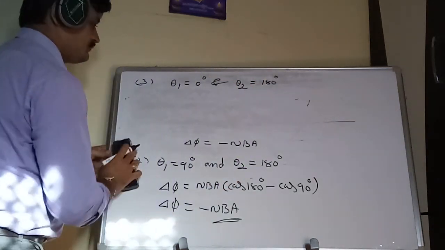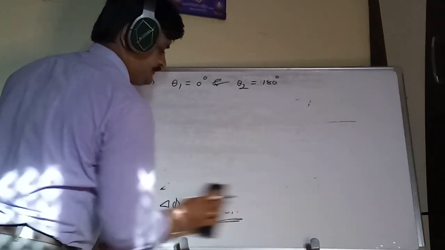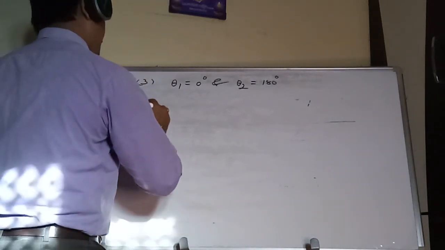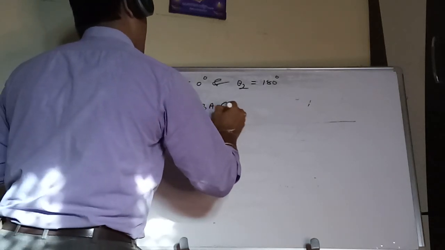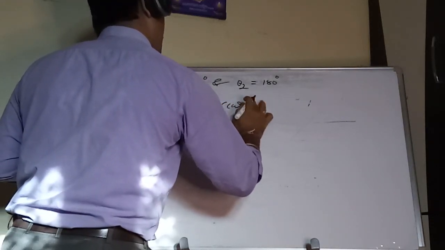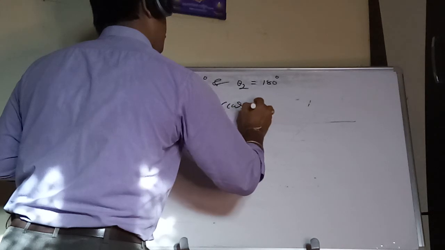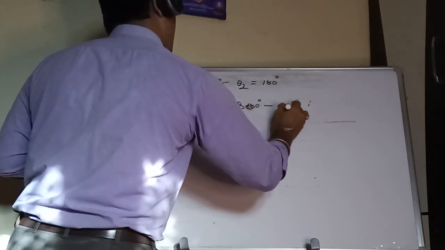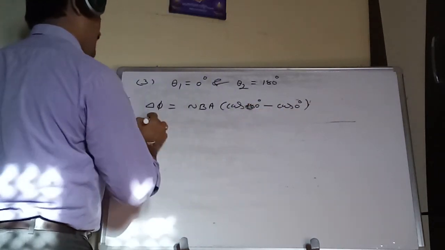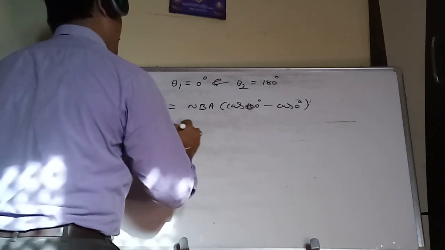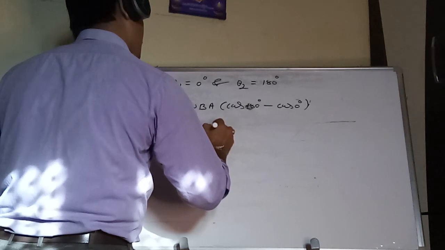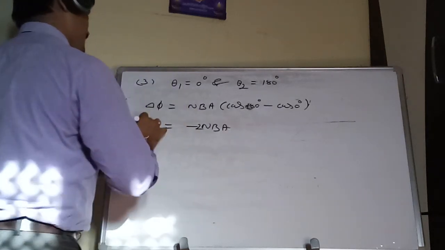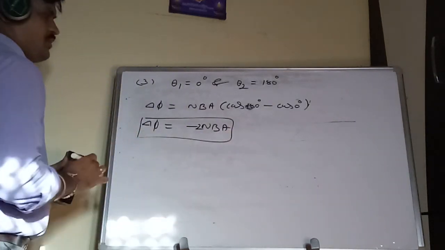So delta phi equal to NBA (cos 180 minus cos 0 degrees). So here delta phi equal to minus 2NBA.